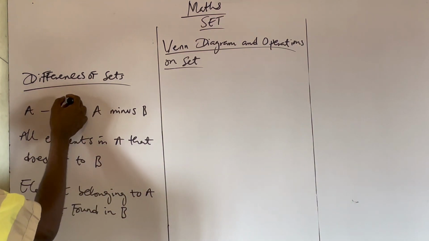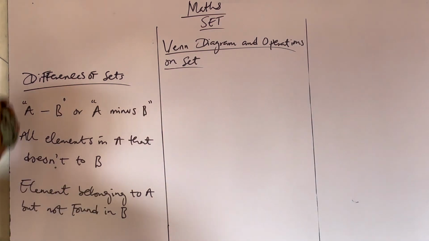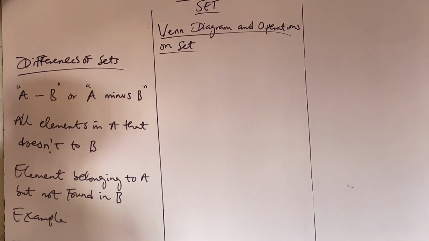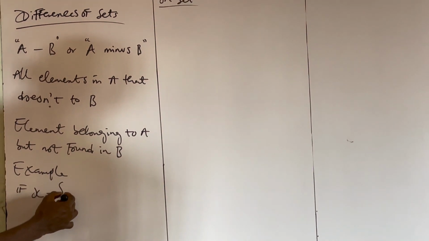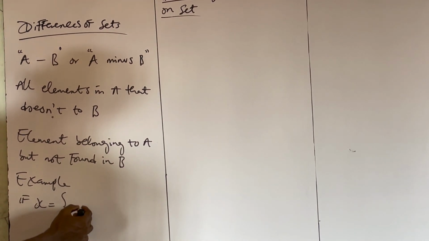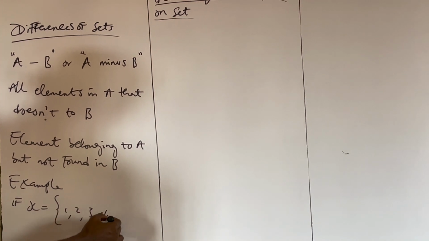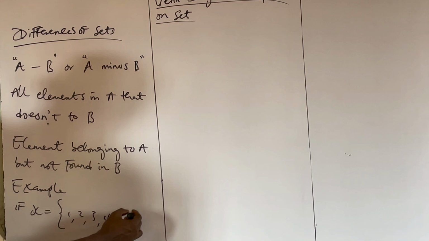Here, let's use an example. For example, let me use X and Y, right? If X is equal to, for instance, 1, 2, 3, 4, 6, 8.